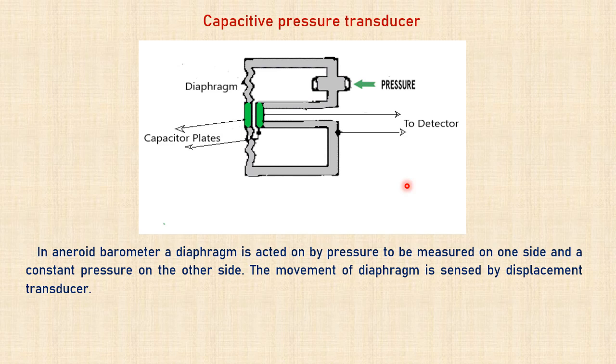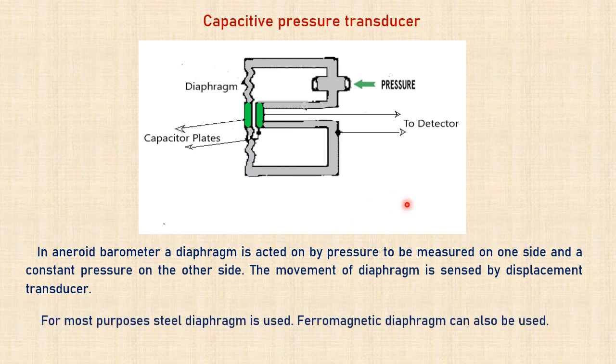Now the displacement of this diaphragm can also be sensed by a displacement transducer. And for most of the purposes, we usually prefer steel diaphragm. A thin steel film is used as a diaphragm. Even a ferromagnetic material can be used as a diaphragm.